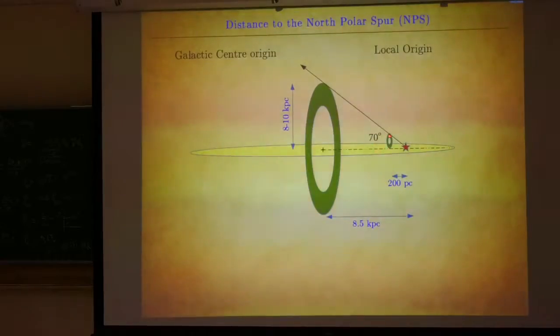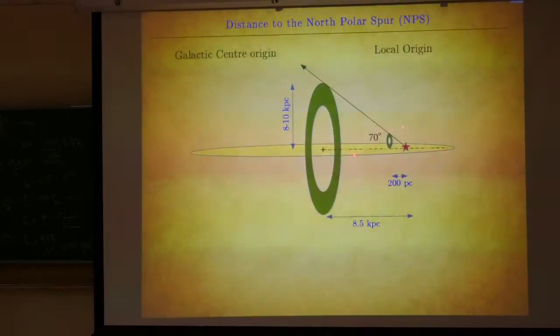One is that it is a nearby shell, just 200 parsec away from the Sun, and so it has a roughly 200 parsec size. The other, which has been purely theoretical till now, is that it is situated 8.5 kiloparsec away at the galactic center and is of similar size, like 8 to 10 kiloparsec in radius.